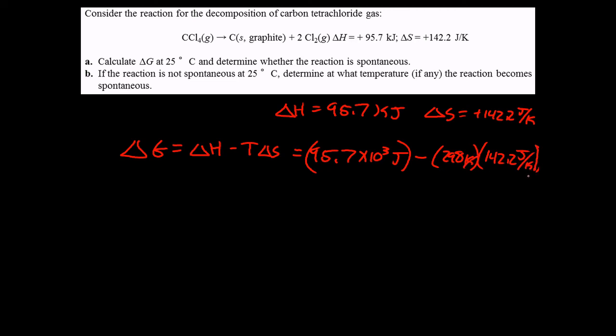All right, so those Kelvins are going to cancel out. And if I do the math here, 95.7 times 10 to the third minus 298 times 142.2, delta G is 53,300, and I'll just cut it off there, joules.